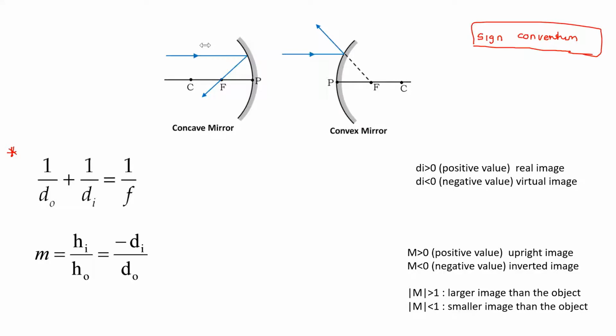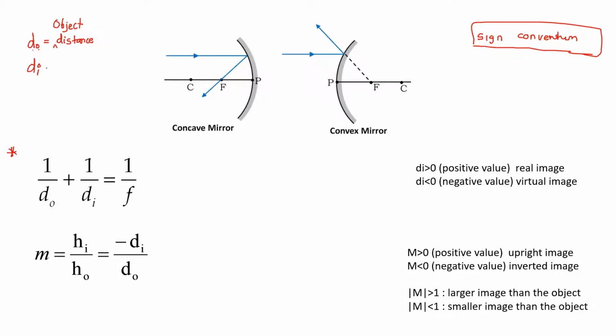Okay, before going to sign convention, we have to know what each of these terms are. So D naught means the distance to the object. So I will call it object distance. It makes sense, right? O stands for object, D is for distance.